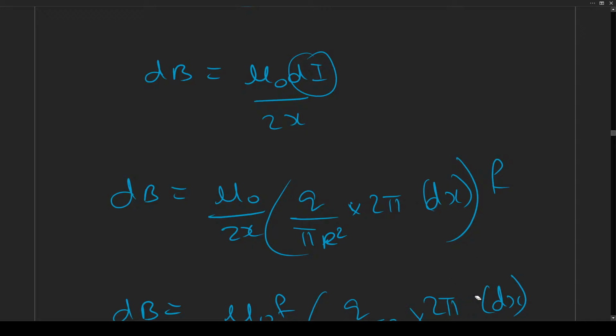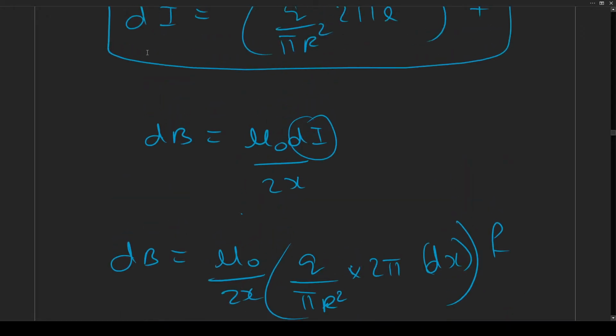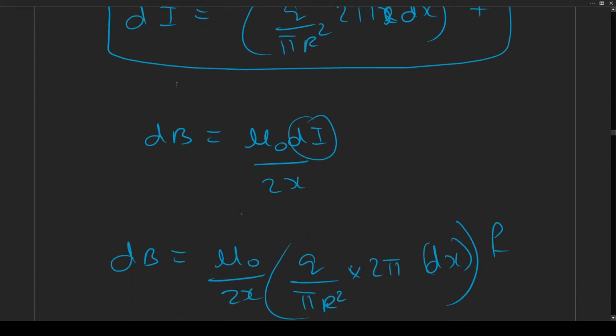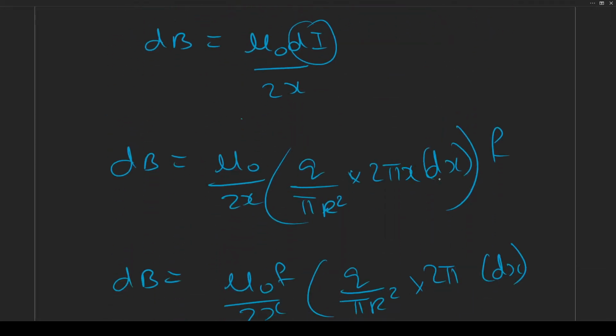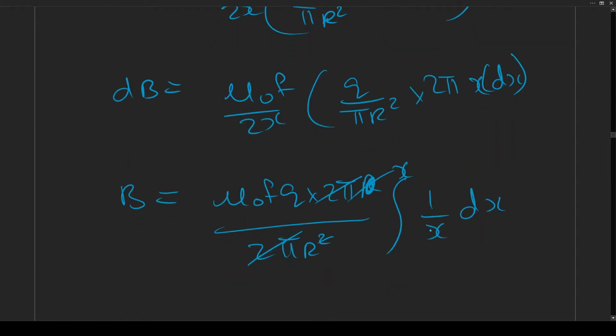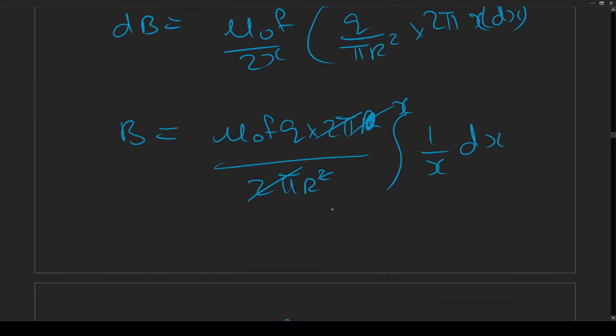This is not r, but this is 2 pi x dx, 2 pi x with respect to dx. Here as well, it's not r but x. So this r square will remain.